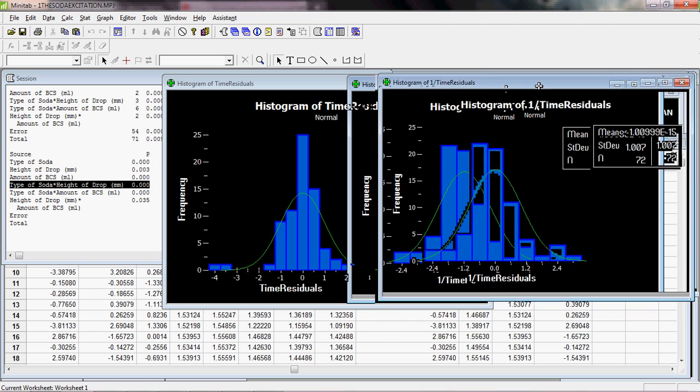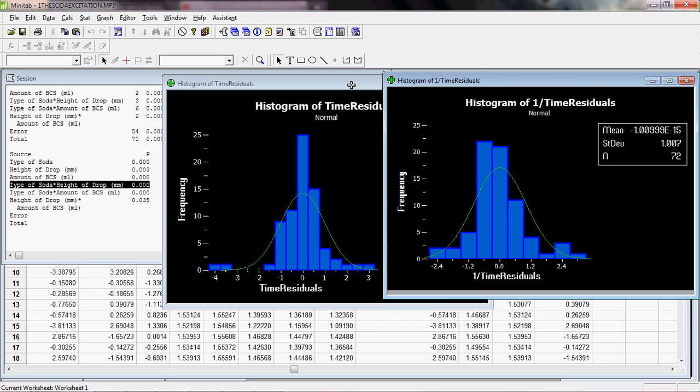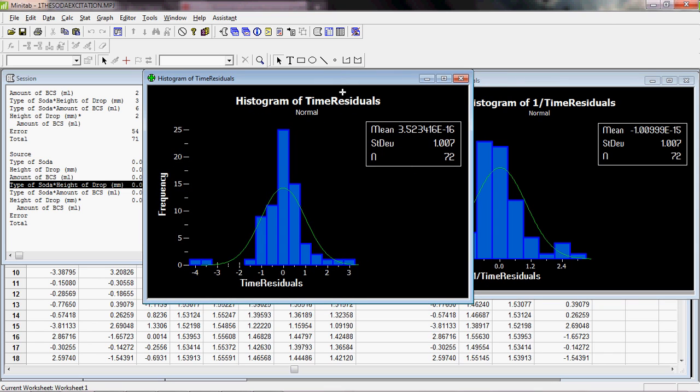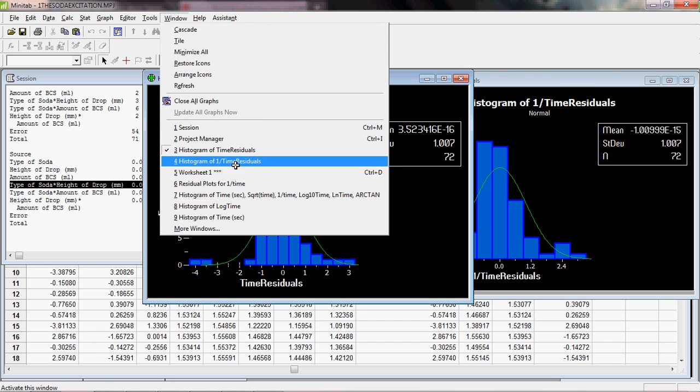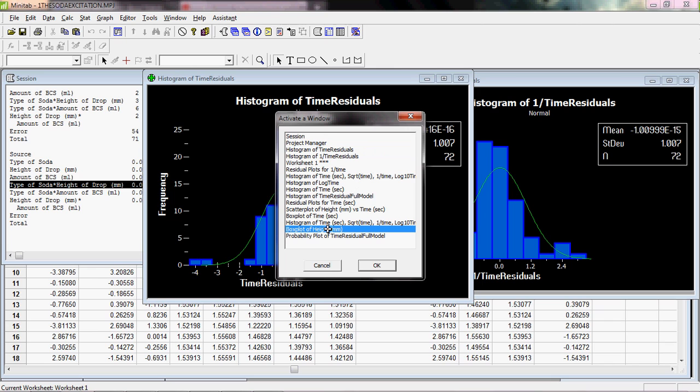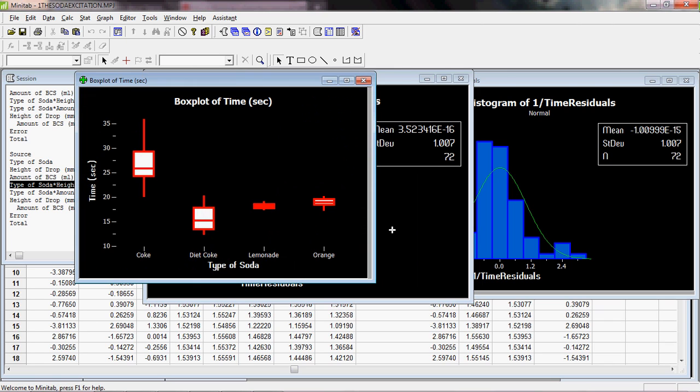What might be sensible, if I was going to do some further research into the time that soft drink fizzed when you drop bicarb into it, in all seriousness, is I might split up the Coke products from the other products. I had a box plot somewhere. Box plot of time.